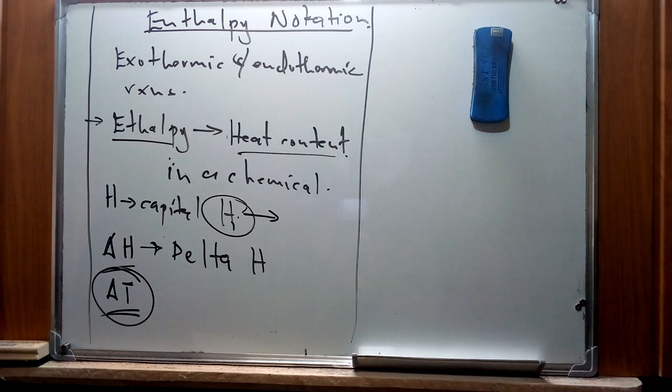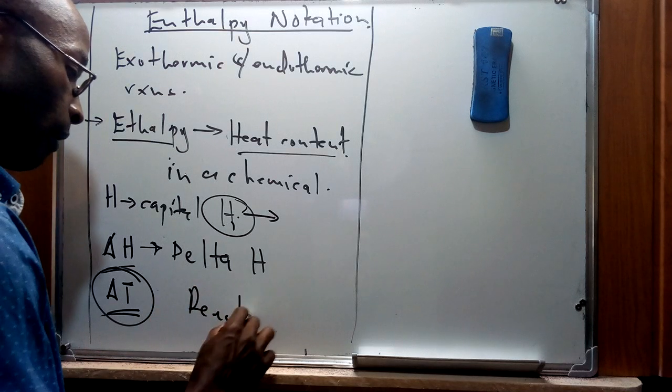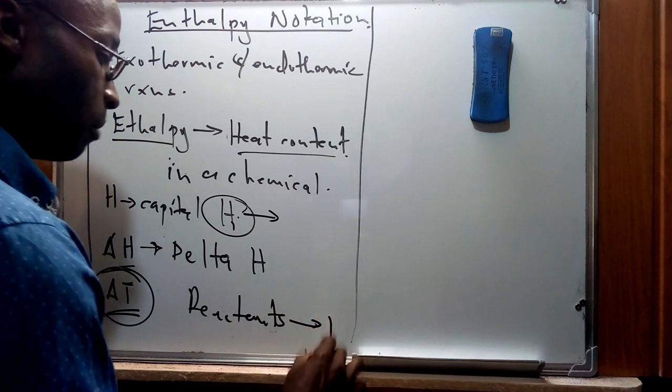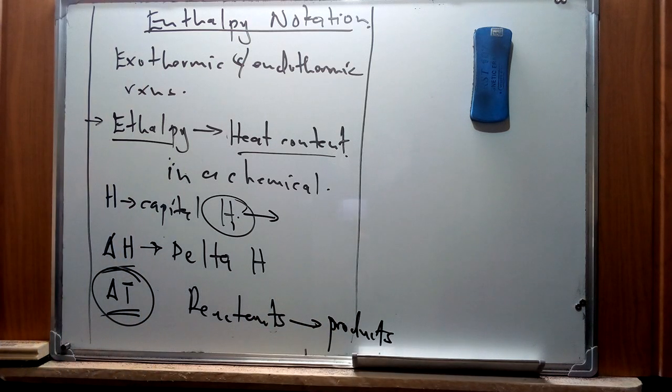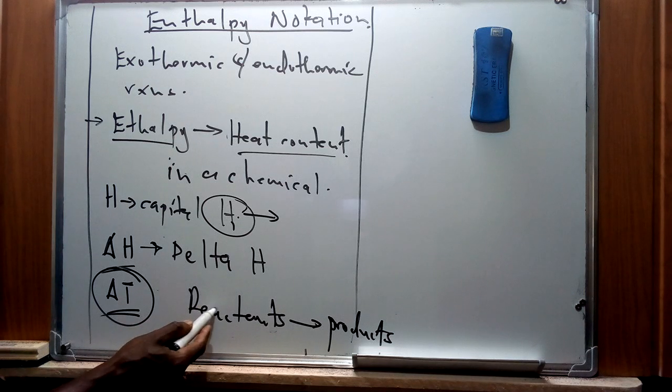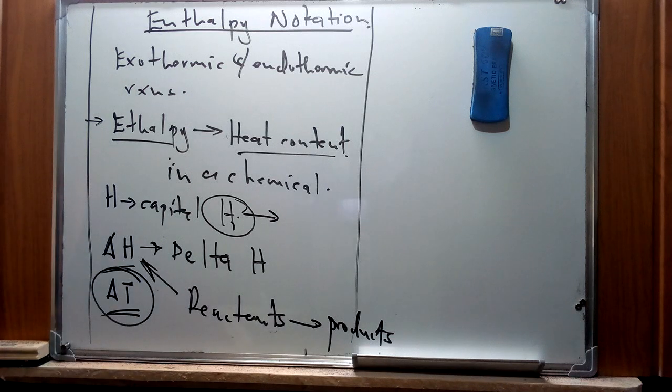There's an equation we are going to use to represent this enthalpy change, and in any chemical reaction we have reactants which are forming products. So if it involves a change in heat energy, we represent this change in energy in this process using delta H.